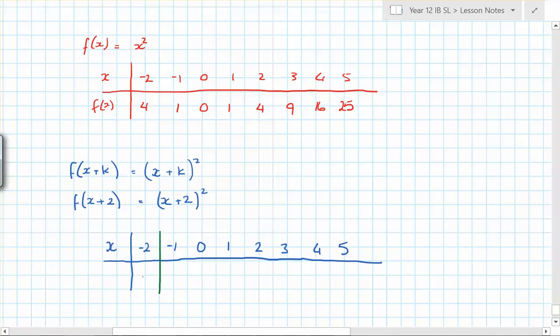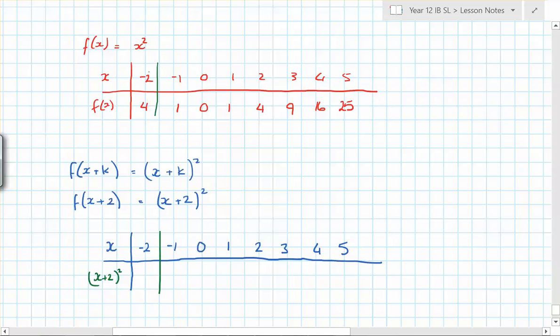Well, we know that, but I'm going to go for here. So what I do is, to figure out what goes in x plus 2 squared, I look at the -2 for x squared, but then I have to go 2 spaces up. So that's what the x plus 2 means.